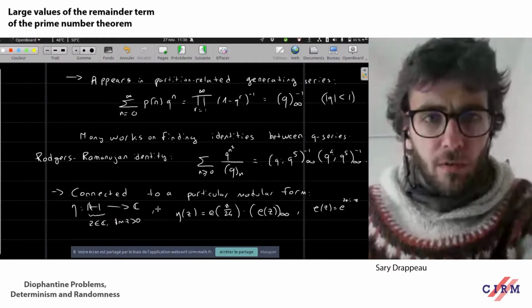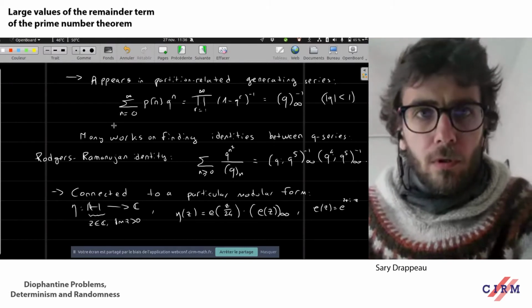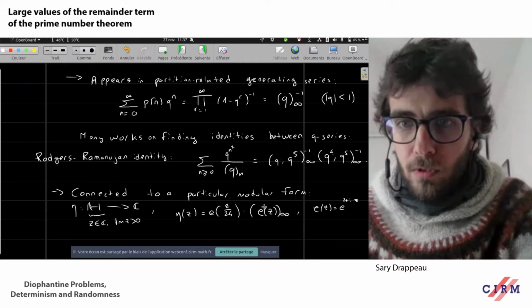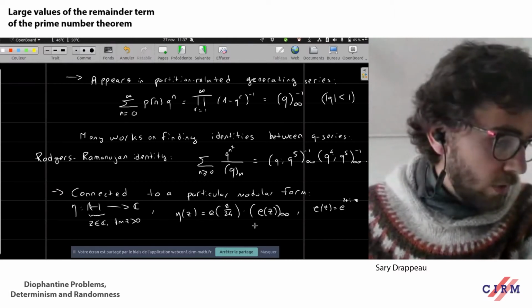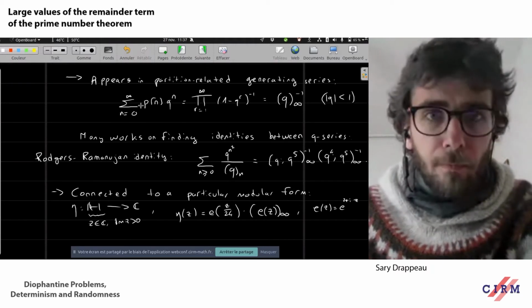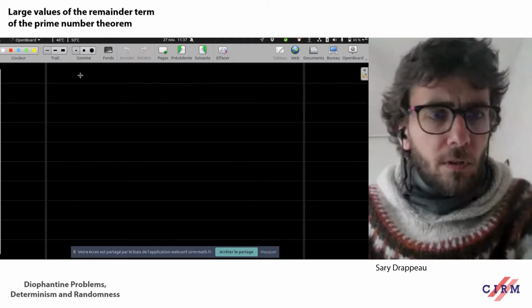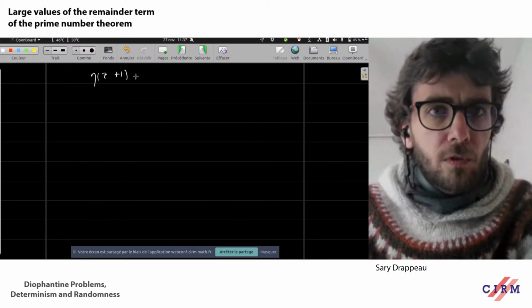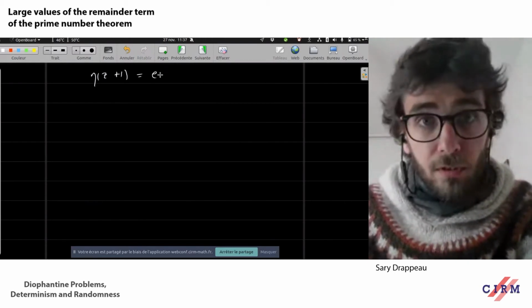Imaginary part of z is positive, so this number is of modulus strictly less than 1, so this makes sense. Saying that this is a modular form for this specific function means that it satisfies some identities.